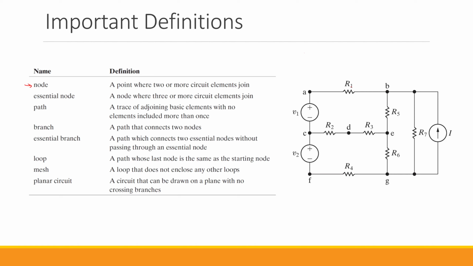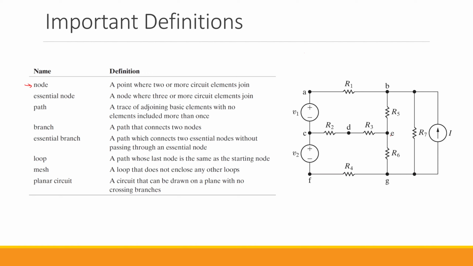Now for node B, we have R1, R5, R7, and this independent current source all connected to this point, right? You see that we have these additional wires, but since there is no extra component in between, for all intents and purposes, these are all connected. So for node B, unlike node A, which only had two components connected to it, we have four components: R1, R5, R7, and this independent current source.